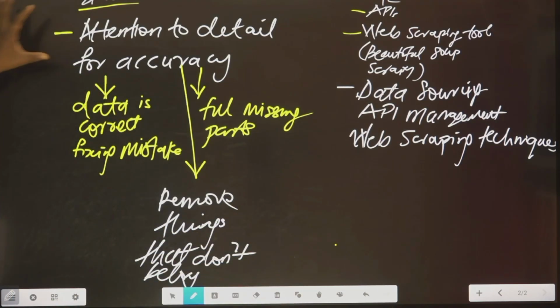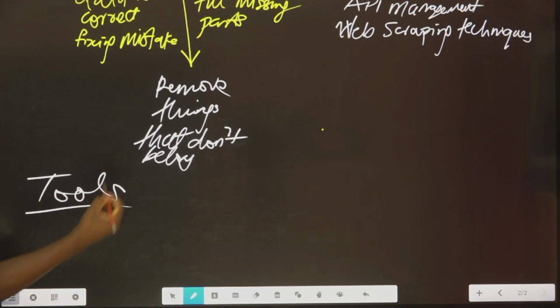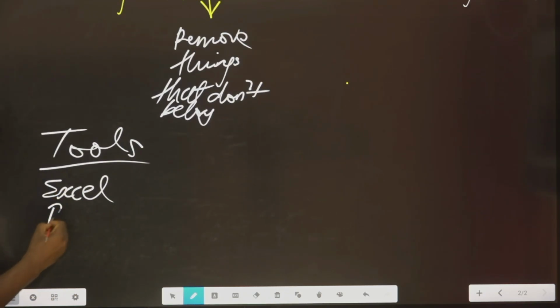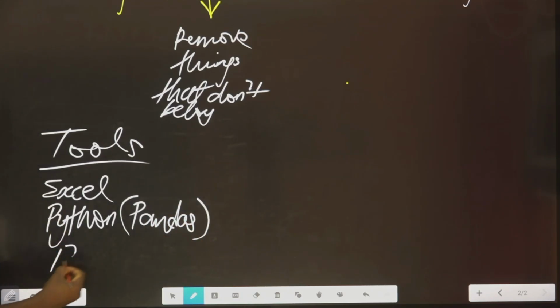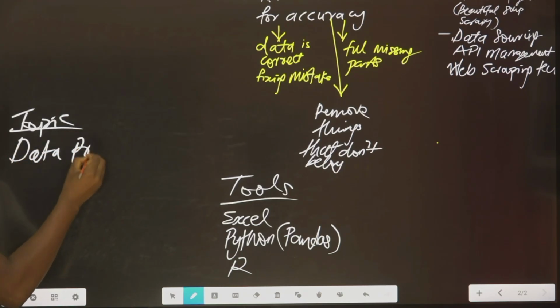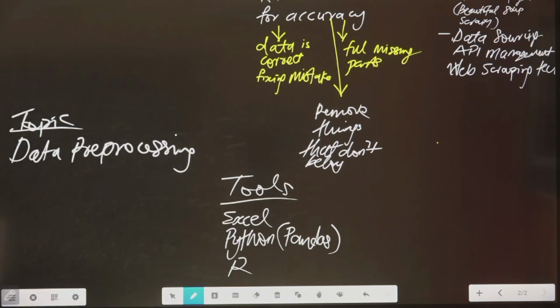Okay? So what tools do you need here? The tools are Excel. You need Python, particularly pandas. Pandas will assist you to do most of this. You also need R. Okay? If you want to study, the topics for data cleaning are data pre-processing. Okay? Handling missing data.